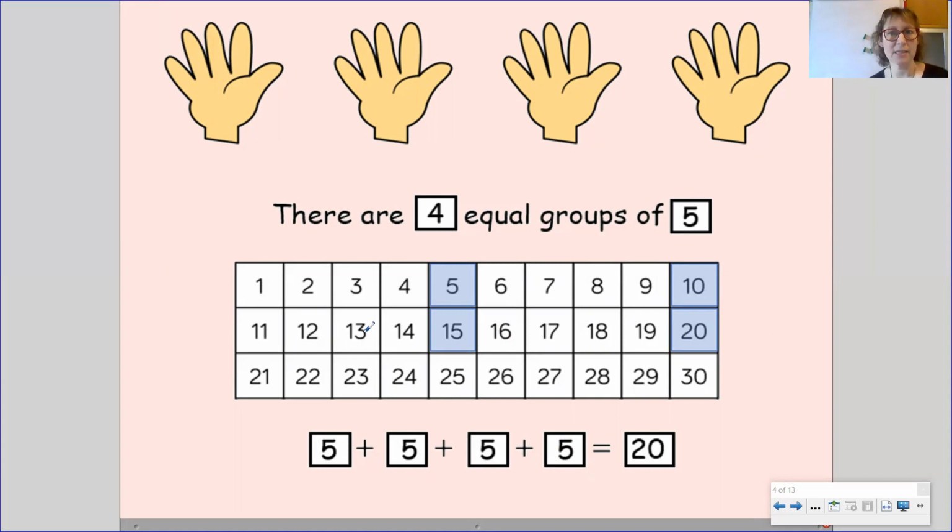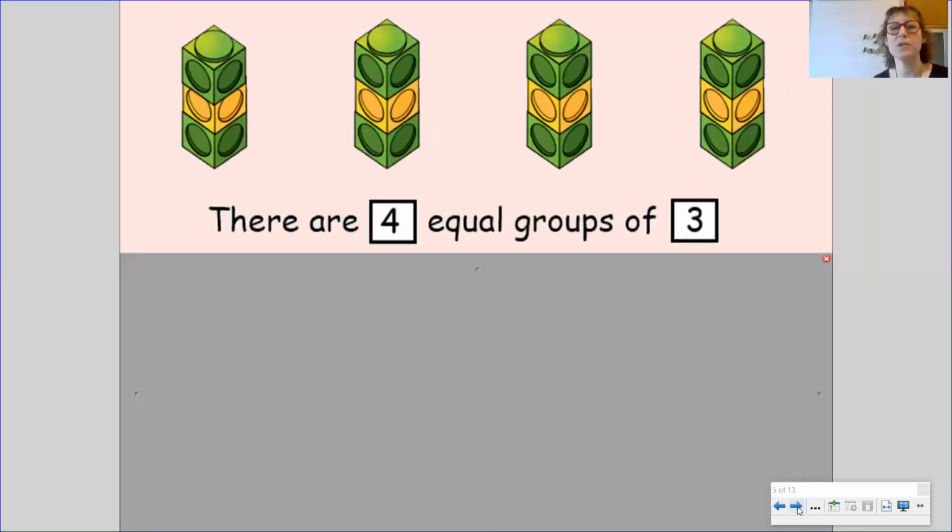But like I said, I find that a little bit confusing. I like to just use my fingers and count. You could use a 100 square if you wanted to and colour in your 5s and then count 1, 2, 3, 4 groups. Fingers are just easy. They're with you all the time. You don't have to go find fingers like you do a ruler or a 100 square.